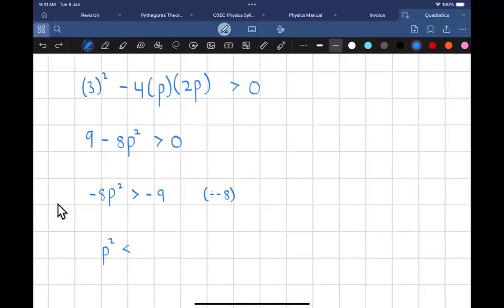You only do that when it's plus, like if it was minus 8 plus that and you move it across. But over here we divide by minus 8. So it's minus 9 divided by minus 8.